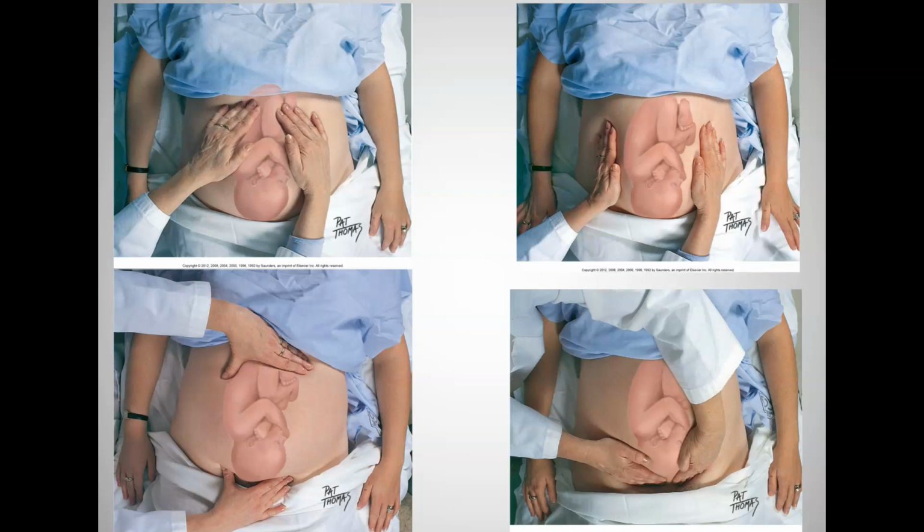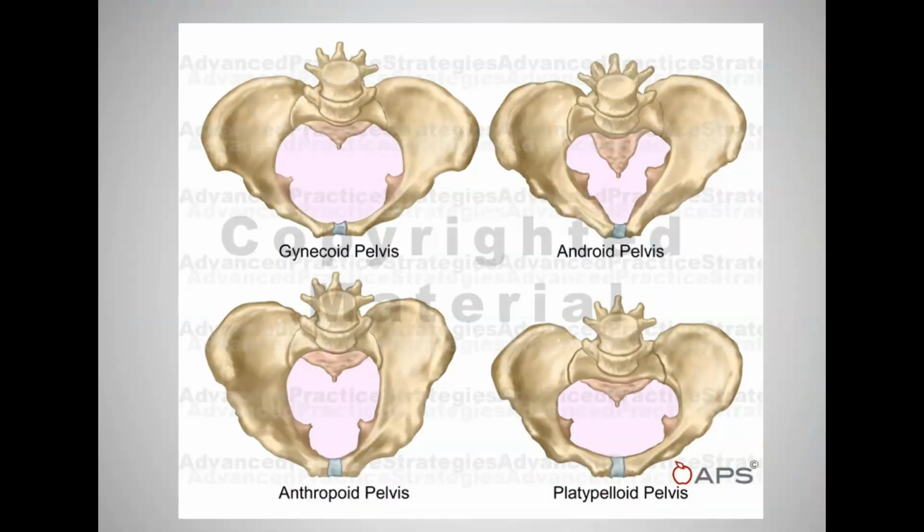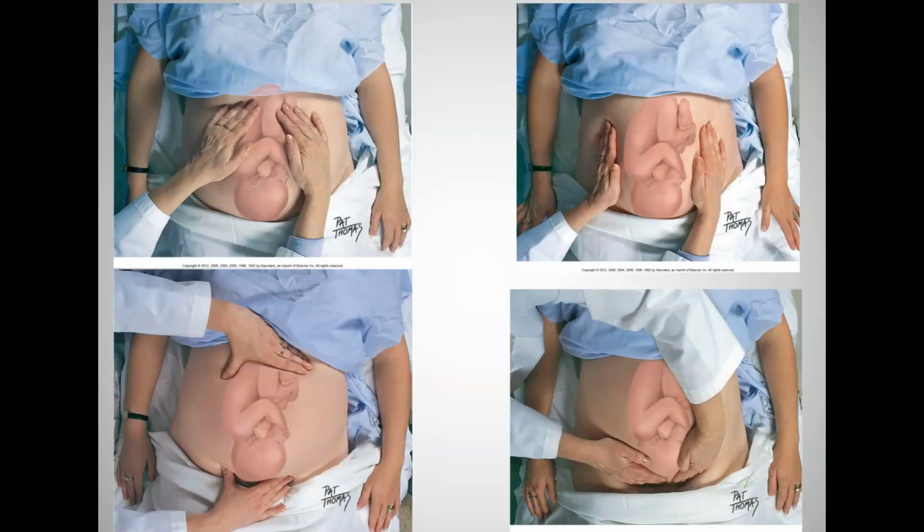They have different types of maneuvers, like this on the left side is what they call Leopold's first maneuver. Oh, good, I do have the different types of pelvises. Okay, right here is the first on the left hand side, guys. That's what they consider Leopold's first maneuver.